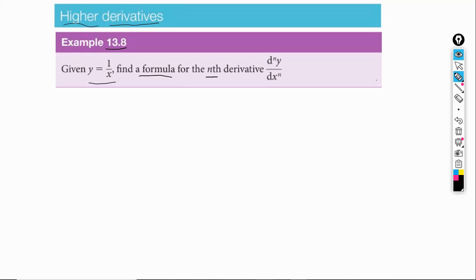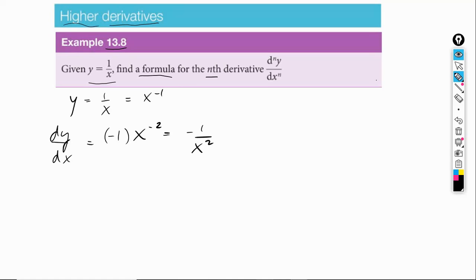First of all, notice that y equals 1 over x. We can write that as x to the minus 1. So the first derivative would then be minus 1 times x to the minus 2. And this is the same as minus 1 over x squared.